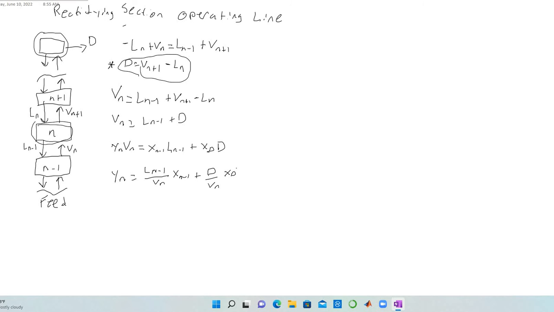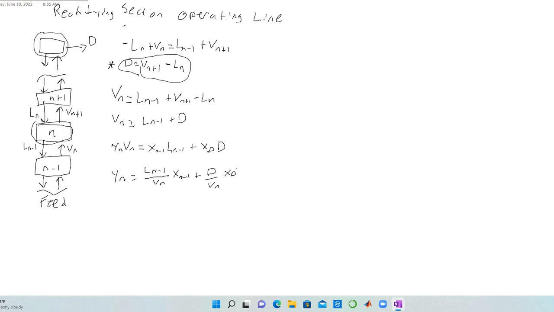Remember, we have to decide what we want that xD to be. So xn-1 is the x value, yn is the y value, D over Vn times xD is the intercept, and Ln-1 over Vn is the slope.